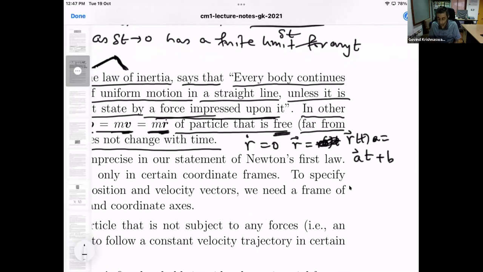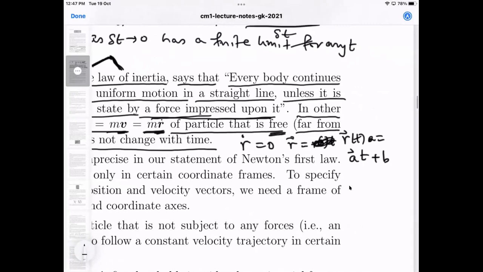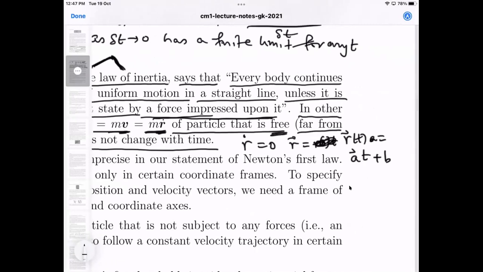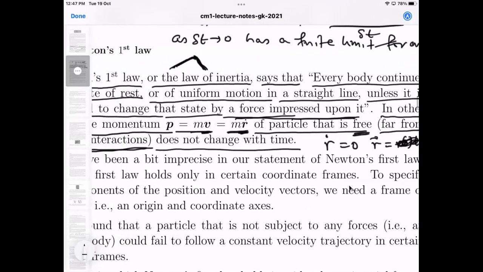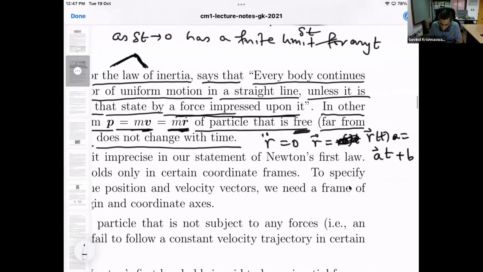I'm sorry, I should be more careful. The condition is really that r dot doesn't change with time, which means r double dot is 0.